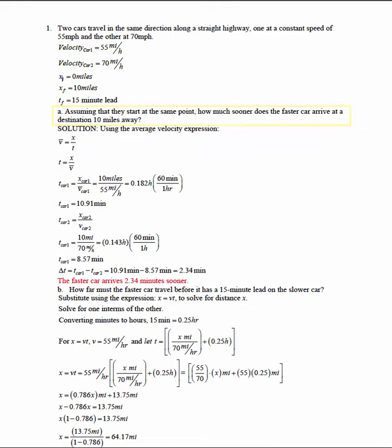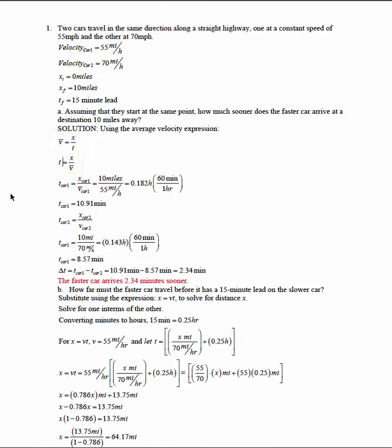Our average velocity, v, is equal to x divided by t, which comes from distance equal to velocity times time. If we move the terms around one more time and solve for t, we have the distance divided by the average velocity, which is our velocity from beginning to end.